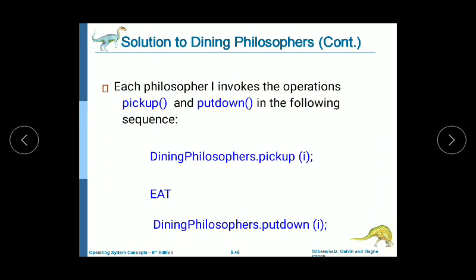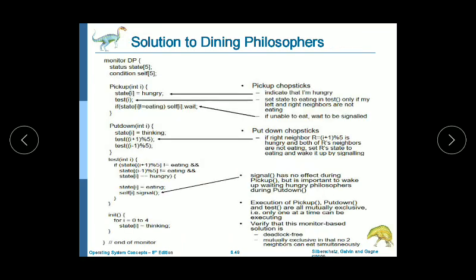The code is executed in the following sequence: first call pickup to grab the chopsticks, then eat, then call putdown so that the chopsticks can be used by another philosopher. This is the code, a very important one. If you understand this code, then you can easily write it.